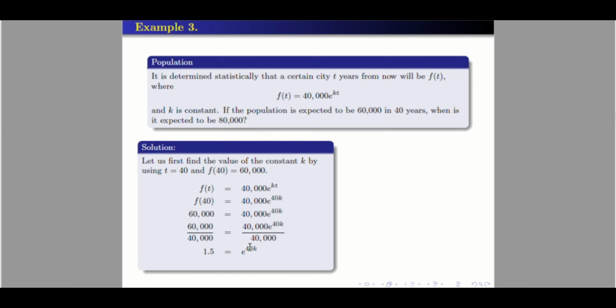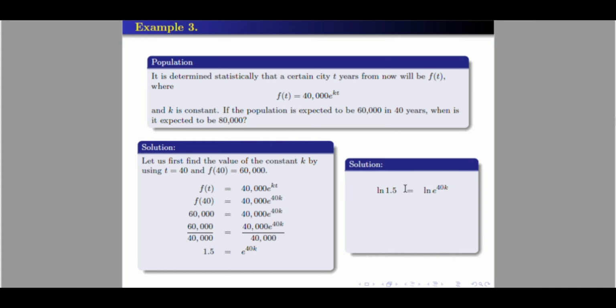Now, since the base is e, we will use the natural logarithm. So ln 1.5 is equal to ln e raised to 40k. And again, use law number 3: the exponent will become a coefficient, so 40k will now be written here. And ln e is equal to 1, so that is why we have here 40k.